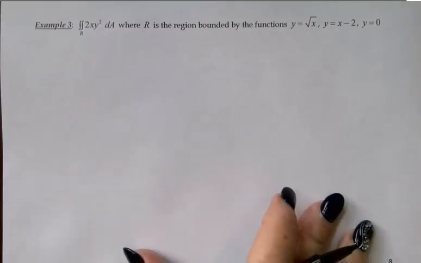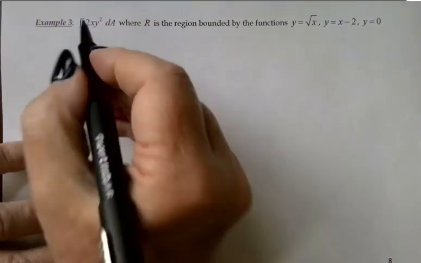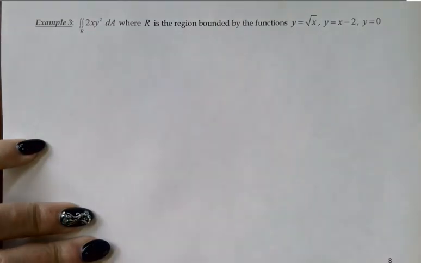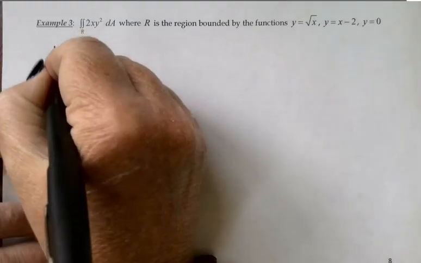All right, in example 3, we once again have a double integral. Our integrand is given and the region R is described. So let's start by sketching the region.